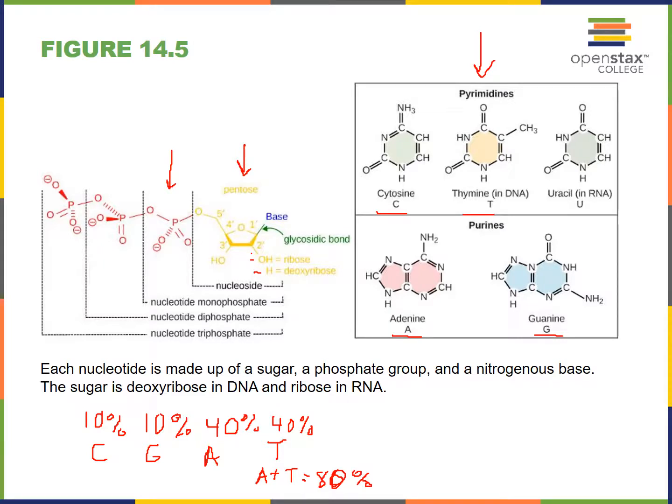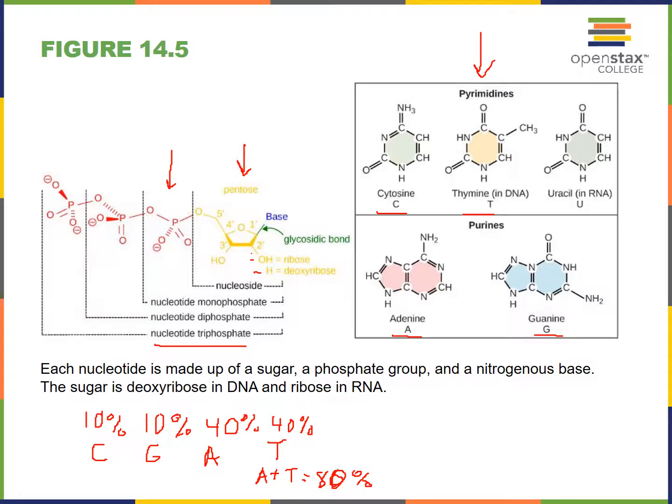The last important point about nucleotides is that in the cell they are usually all assembled together. We talk about them as being made up of 3 separate parts. But in reality, most of the time in the cell, free nucleotides are in this form, the nucleotide triphosphate.